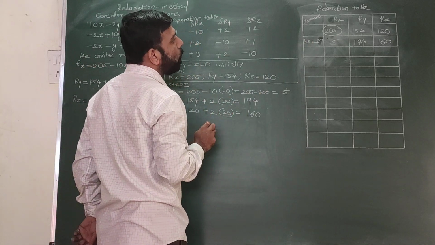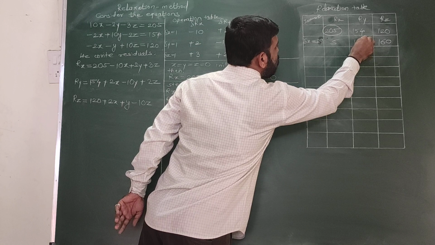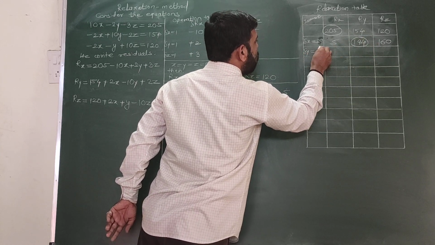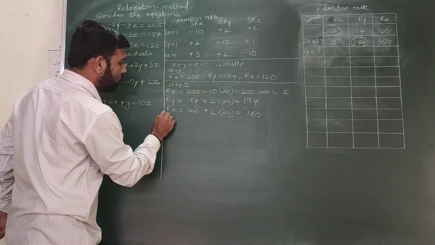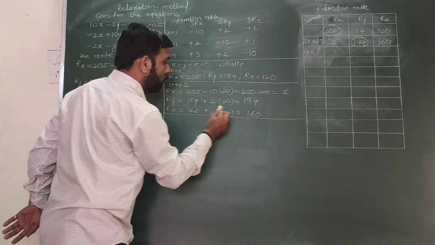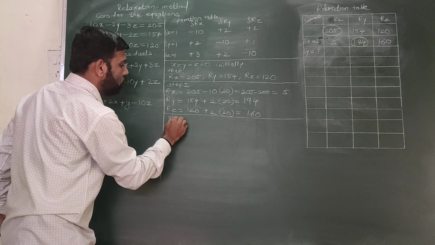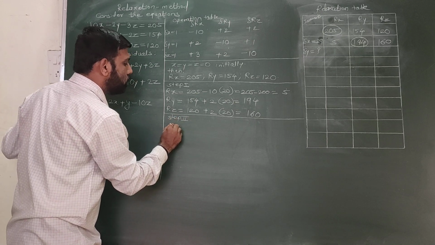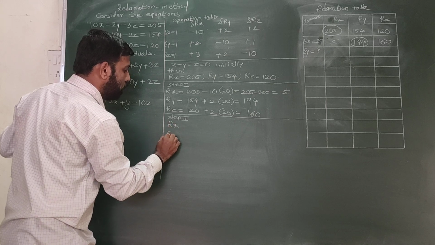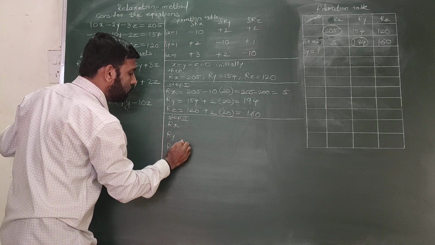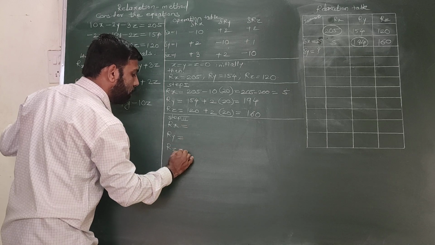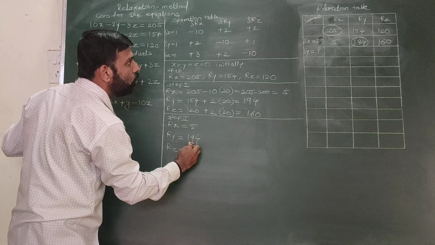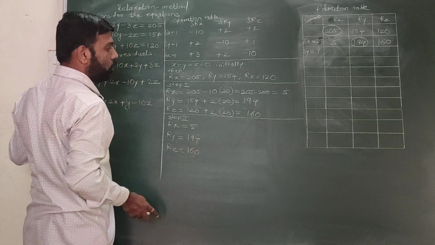The next numerically largest value is 194. It means for the y variable we have to give an increment. Write down the same. Step 2, increment for the y variable, but the format is still the same. Write down the last row values here: 5, 194, 160.